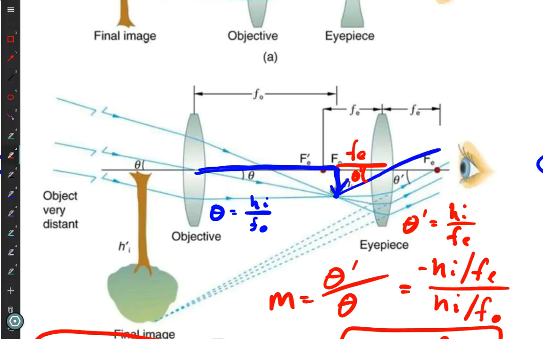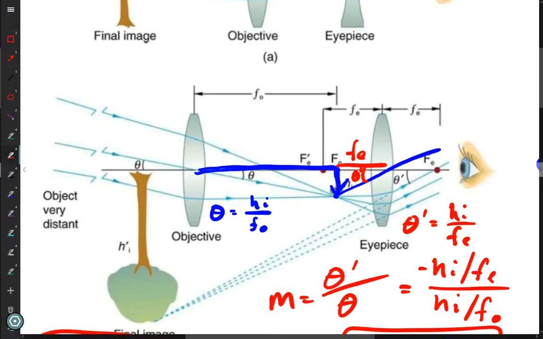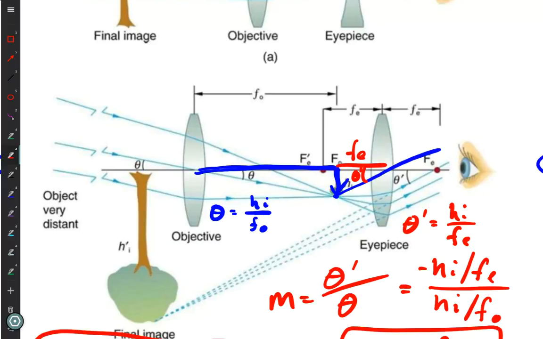If I have an object that's a tree on the other side of the Grand Canyon, and I look at it through my telescope, with the traditional telescope, the tree is going to be inverted because I made a real inverted image with the first lens, and then the eyepiece just magnified it, keeping it the same side up. So I have an inverted image. Now, with the tree, you pretty much can handle that. It just seems kind of odd to have the tree growing downward.